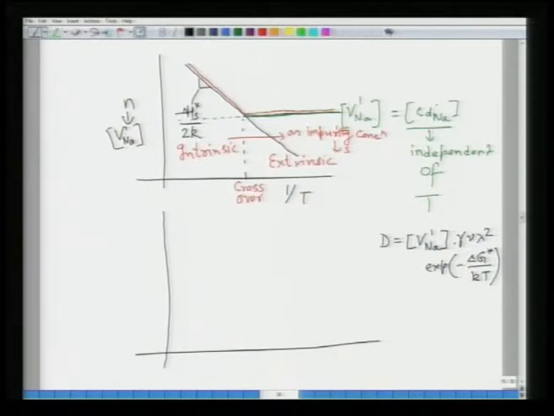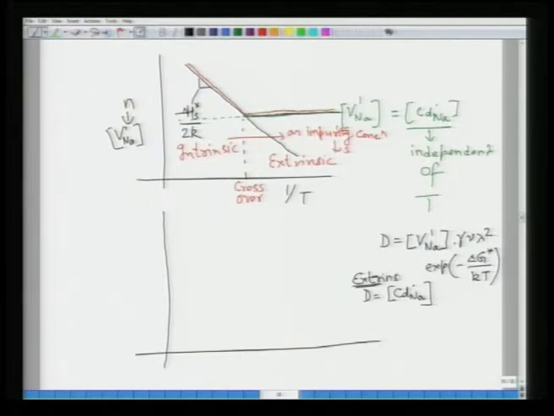Now if you break this up, D is equal to, if you just take the extrinsic region, then V_Na is governed by C_Cd, which is a constant. Extrinsic region, not intrinsic region, if I said intrinsic region.